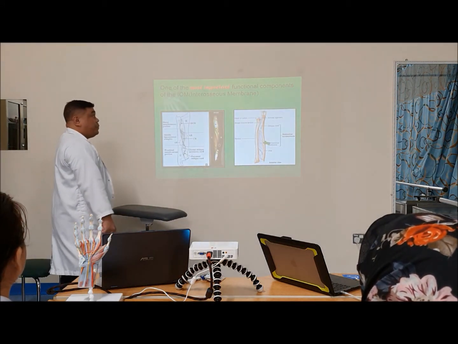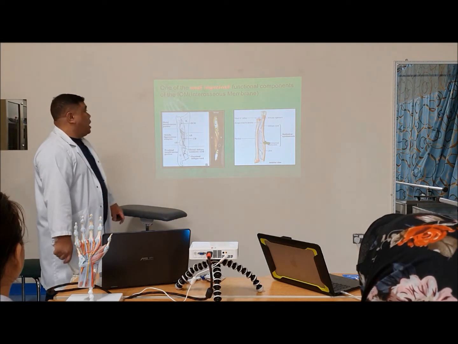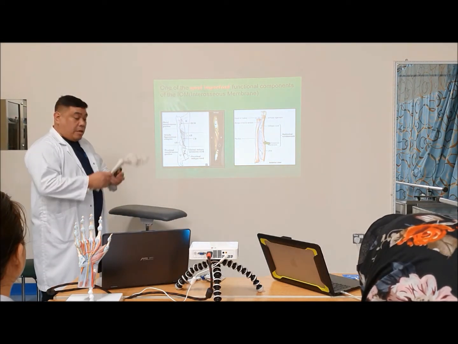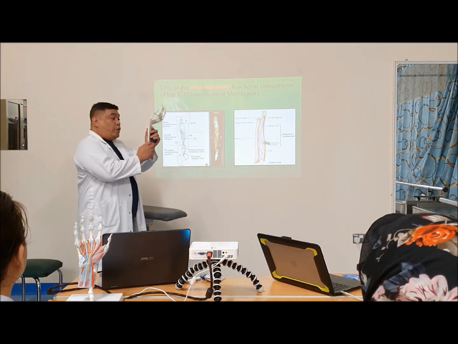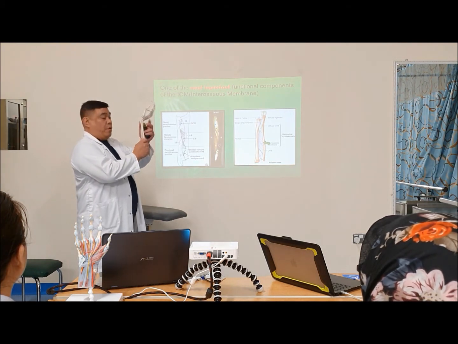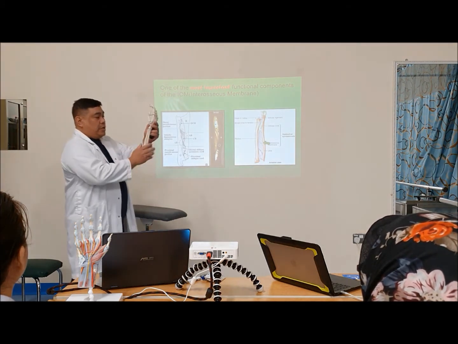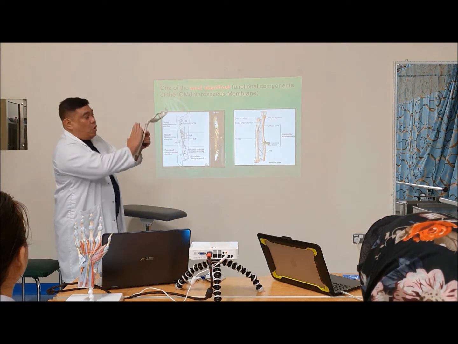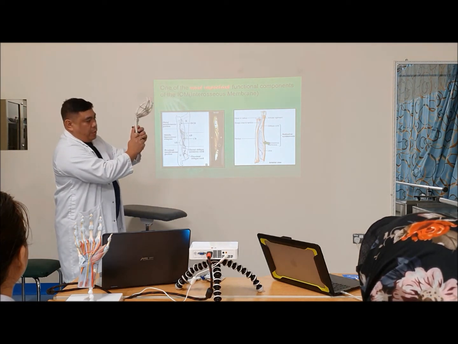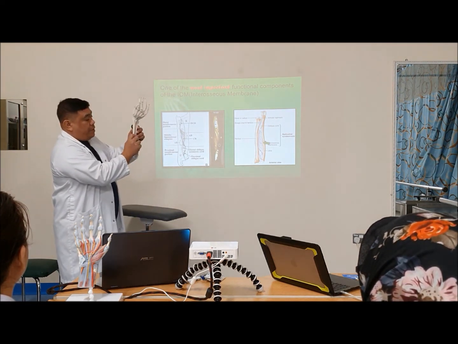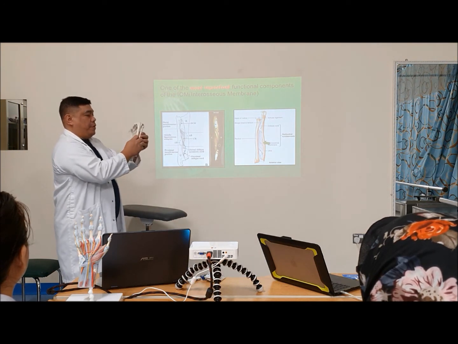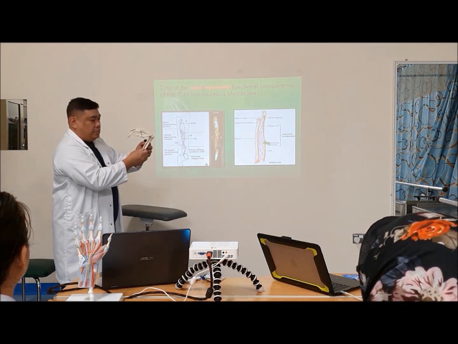One of the most important functions of the IOM is the stability of the longitudinal axis of the forearm. It means it is responsible for holding these two bones together whichever way the forearm moves, like in pronation and in supination.